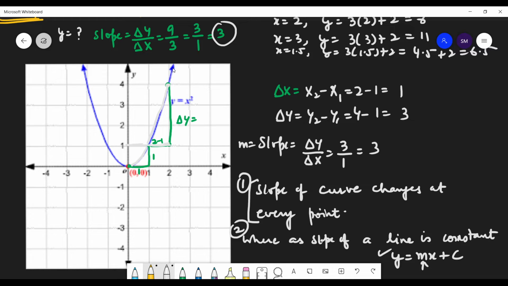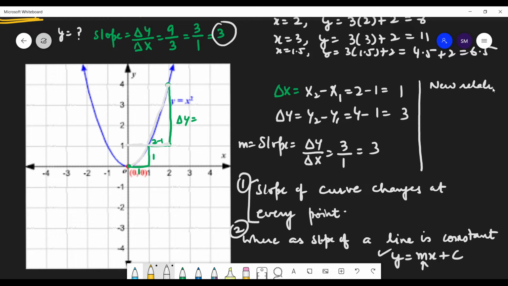But to find the slope of a curve, which is changing at every point, it's not easy to find. But we can have a relation. What do we have? Another relation, a new relation.